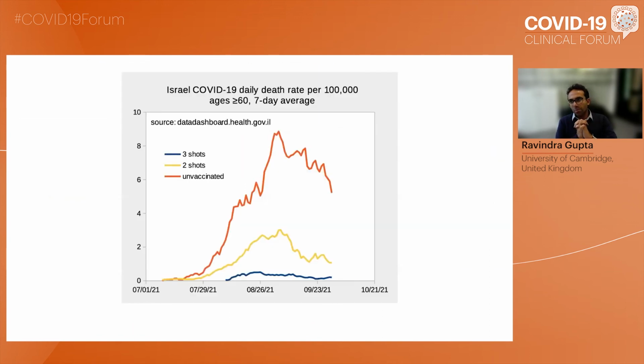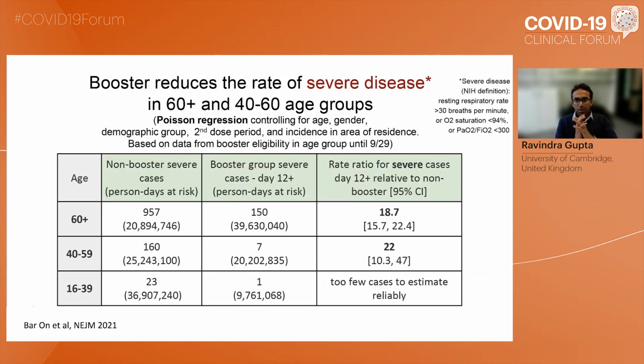These data show what happened after the third dose was administered to those individuals, and you can see that there's a very marked reduction in the rate of severe illnesses and deaths in this case in the over 60 age group after the third dose. You can put some numbers on that.